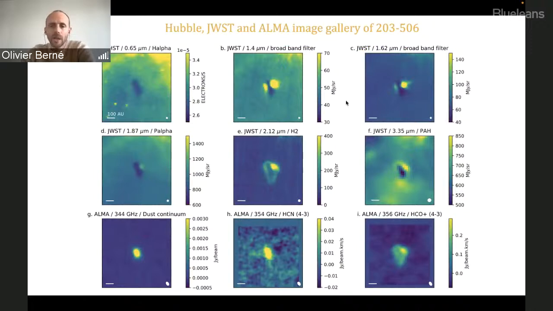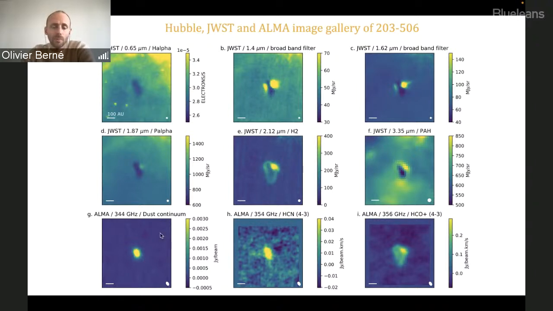So we have a nice image gallery, which goes from Hubble through JWST into ALMA over the wavelength range. You see the disk here in absorption against the bright background of the Orion bar at all visible and near-infrared wavelengths up to the 3.3 micron filter here.